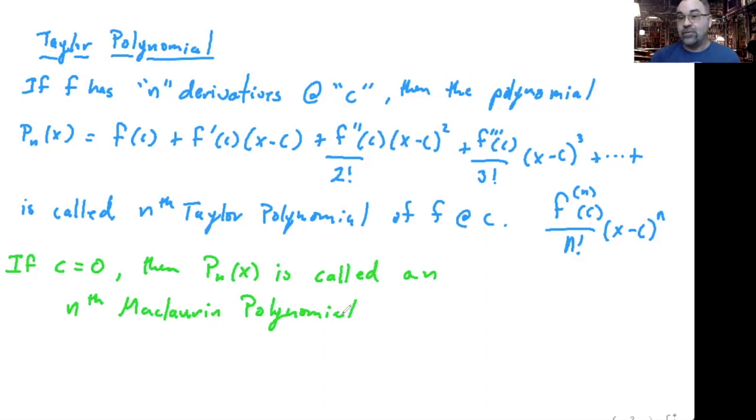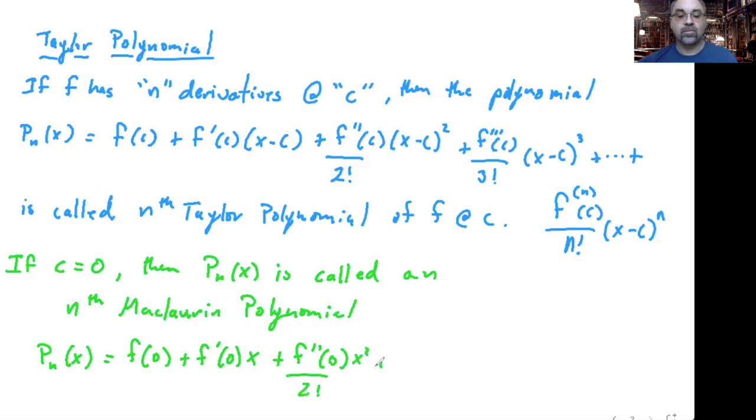Much like the one we did for e to the x when I started, that was actually a Maclaurin polynomial. You just put in 0 everywhere you have a c. So we have f of 0, f prime of 0 times x, f double prime at 0 times x squared over 2 factorial, f triple prime at 0 over 3 factorial times x cubed, and so on, until we have that nth derivative at 0 over n factorial times x to the nth power.